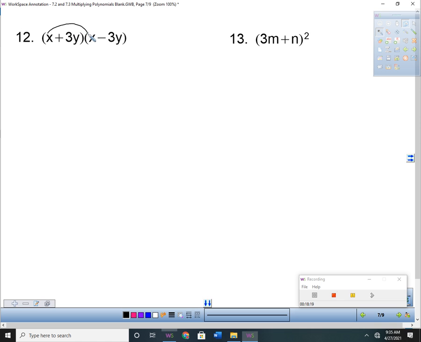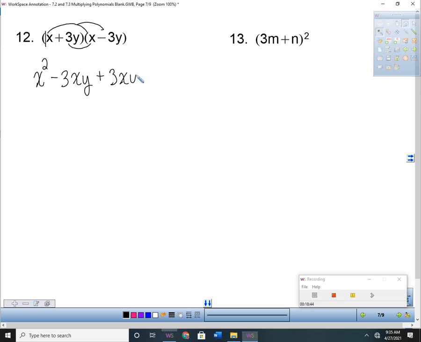So number 12, we have x times x is x squared. x times negative 3y, so a 1 times a negative 3 is negative 3. And then you have your x times your y. We have 3y times x, so 3 times 1 is 3.